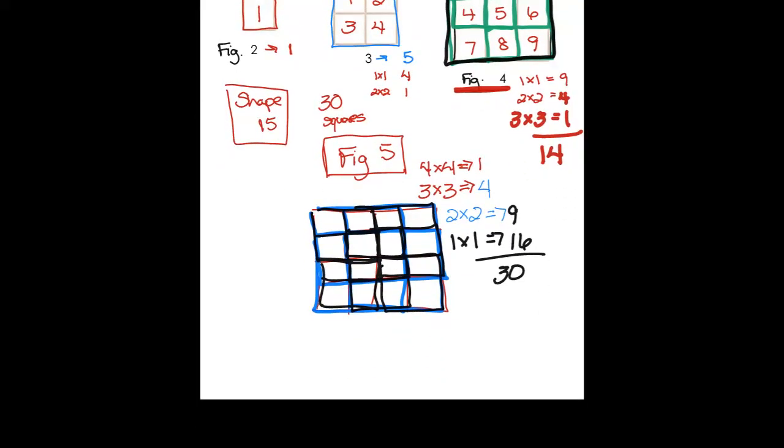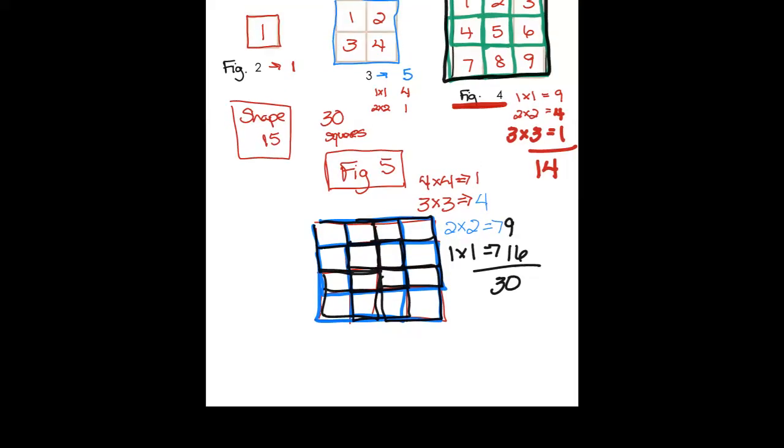Do we see any pattern yet? No? Look at the total number that we keep looking at. 1, 4, 9. Oh, there's 1, 4, 9. What kinds of numbers are those?